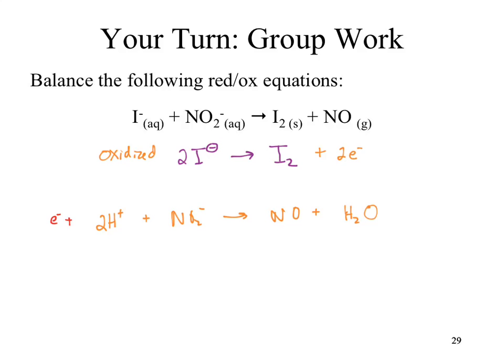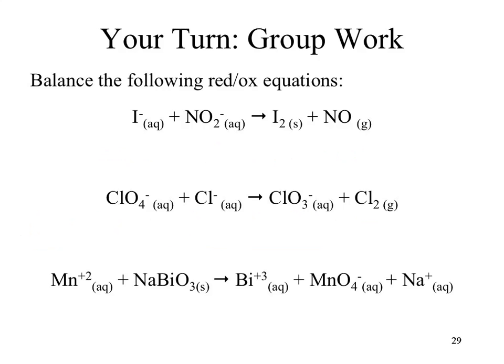Now we could try and go through and add them, but before we add, we have to make sure the electron count's the same. Is the electron count the same? Nope, so what do we do? We'll multiply our bottom equation by 2. 2 times 1 is 2. 2 times 2 is 4. Good. Now we can add our equation up. The electrons are on opposite sides, and we get our balanced overall reaction.